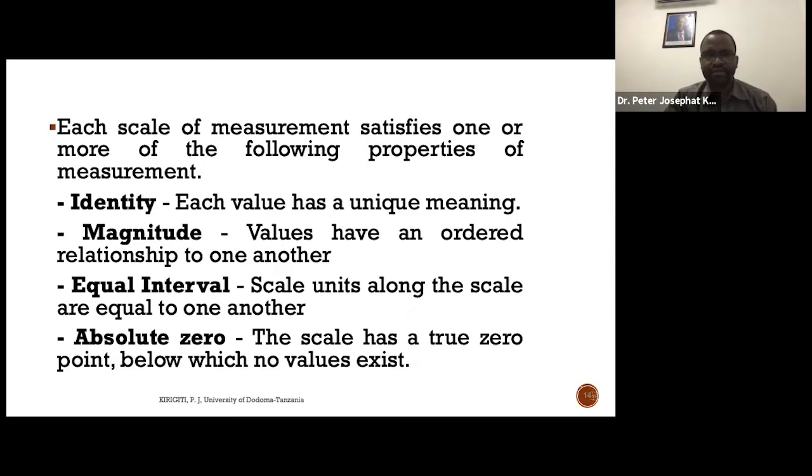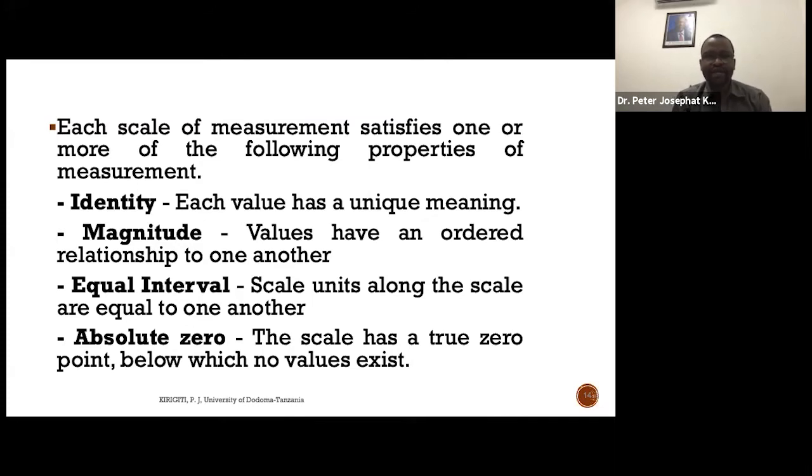To start with, there are 4 properties which differentiate these 4 measurement scales. One is the property of identity. Another is the magnitude property. Then we have the equal interval property, and then the absolute zero property. Here we are saying that each variable value has a unique meaning.